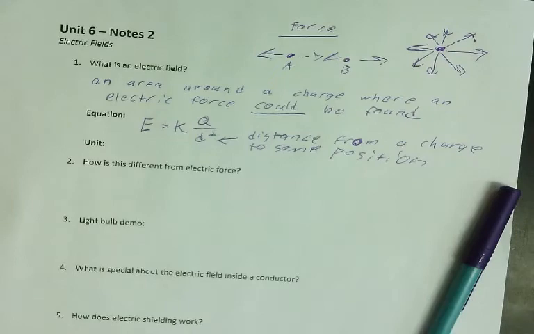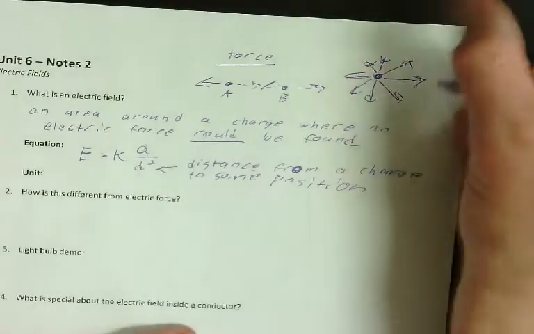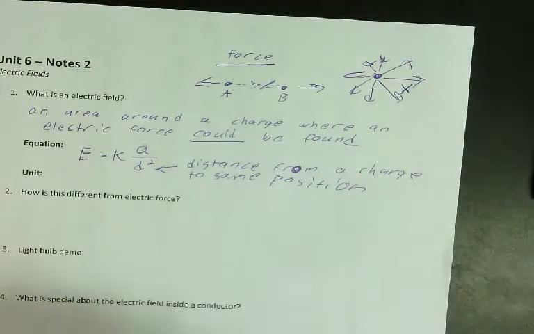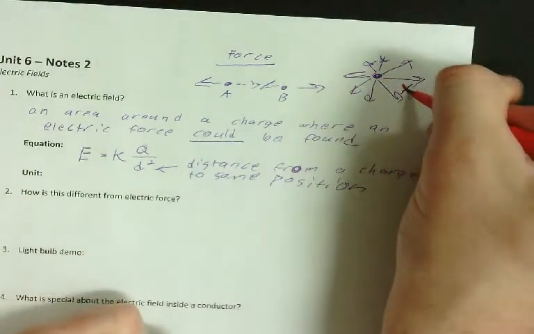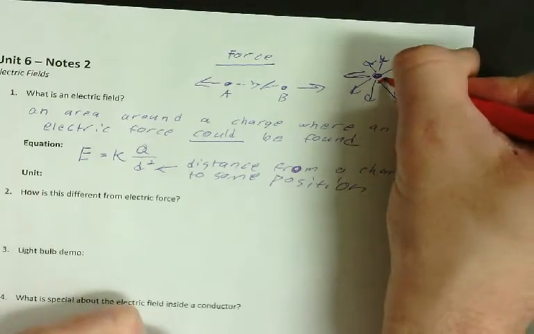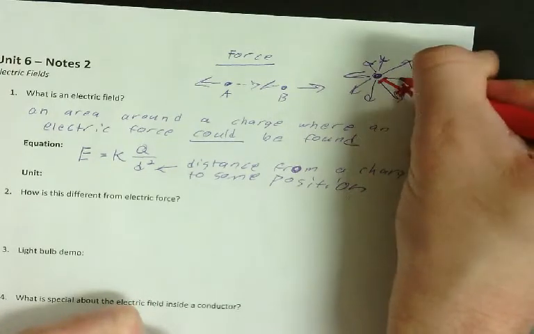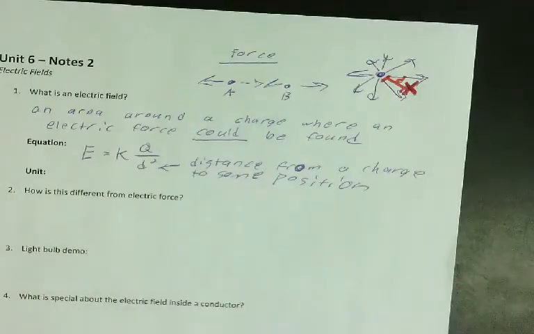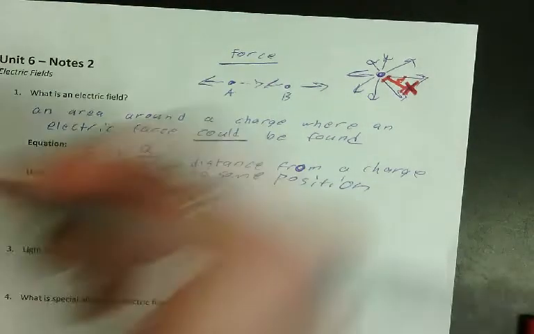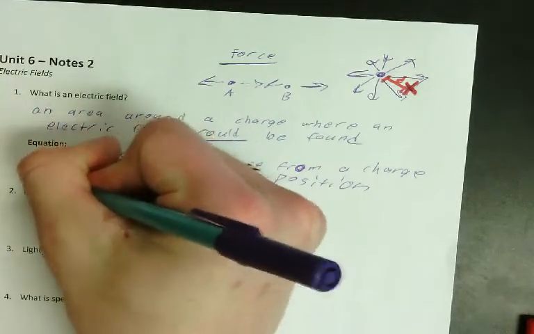So it's how far I'm looking for it at X. Here, let's do it X so you can see it better. So D is how far away X would be. And the unit is newtons per coulomb.